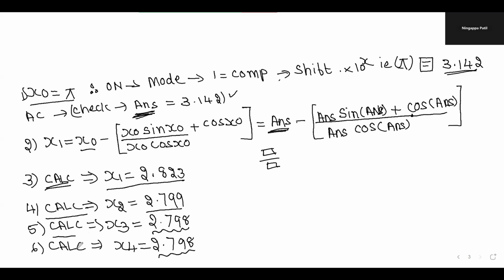Then again press the calculate button, you get the x4 value. Now continue this process until the last 2 values are the same. Now look here, x3, x4 same, stop. Means you go up to iteration 4. Then you can enter there, my dear students.